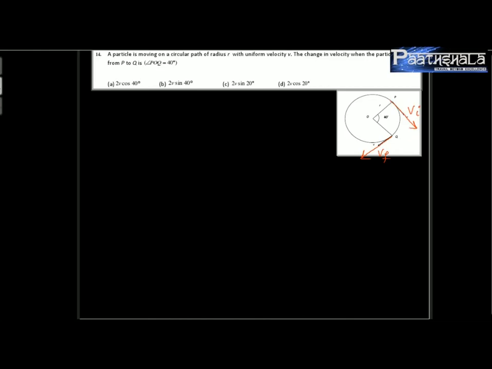If I draw the diagram over here, it looks something like this. This is the angle theta. This is Vf and this is Vi. The magnitude of the velocity is the same. These angles are 90 degrees.